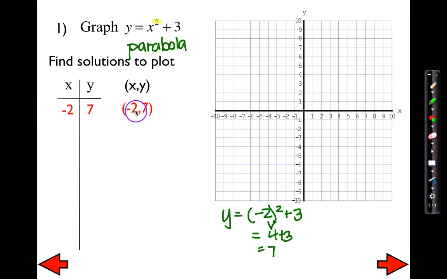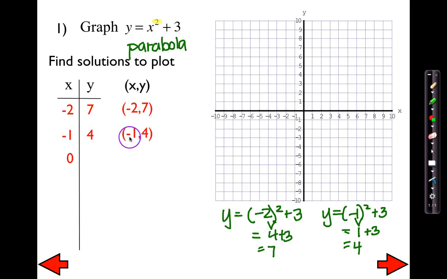I'm going to write that down because that's my way of showing work. The next x value would be -1. I repeat this process: y equals -1 squared plus 3. -1 squared is 1, plus 3 gives me 4. So my ordered pair would be -1 comma 4.